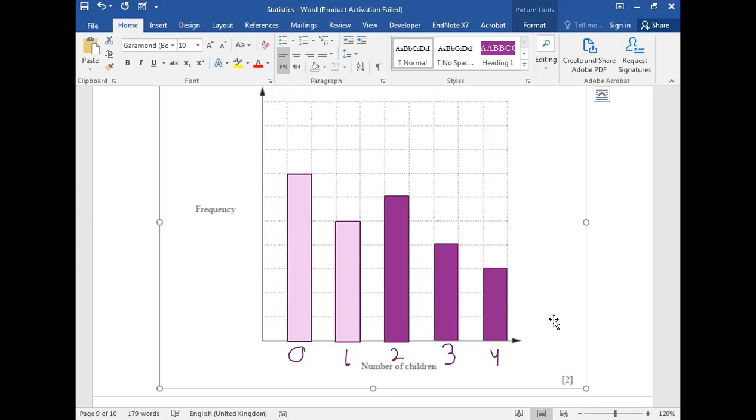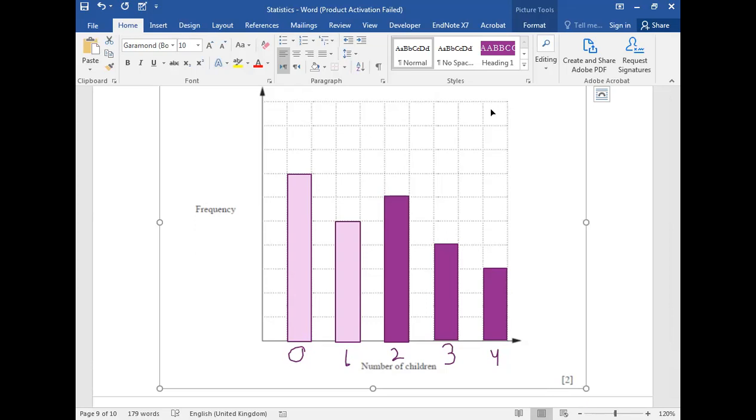Is this clear till this point? So that is how we draw a bar graph and the basic difference between a bar graph and a histogram. So today we did frequency polygon, bar graphs, and histogram. And there is another bar chart on page 22.